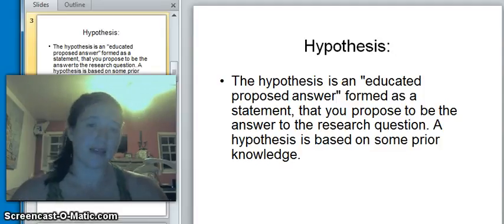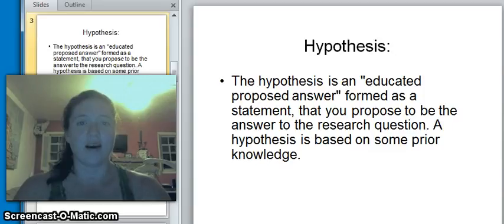We do base them on some prior knowledge. You don't just guess. So that's why I say it's more of a proposed answer. What do you think that actual answer is? It's less of a true guess and more what you're proposing the accurate answer is.